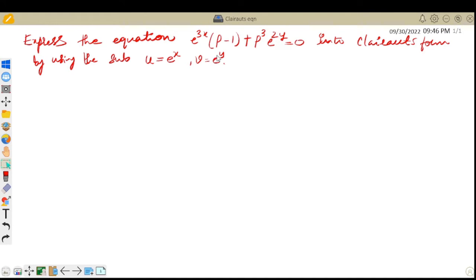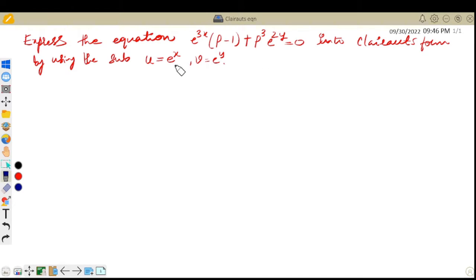In this video, we are going to discuss an example based on Clairaut's equation. Okay, look here. Express this equation e raised to 3x into p minus 1 plus p cube into e raised to 2y is equal to 0 into Clairaut's form by using the substitution u is equal to e raised to x and v is equal to e raised to y.